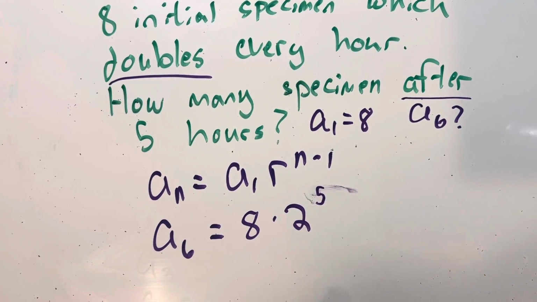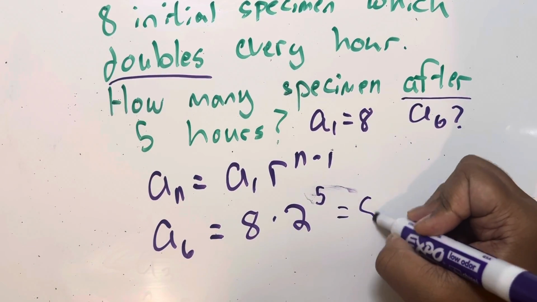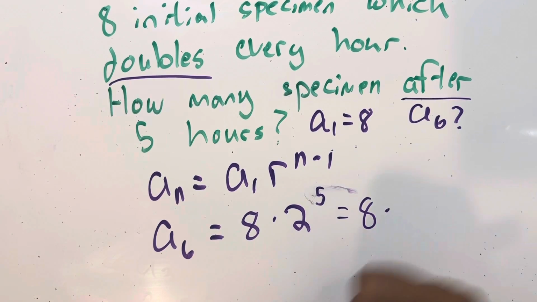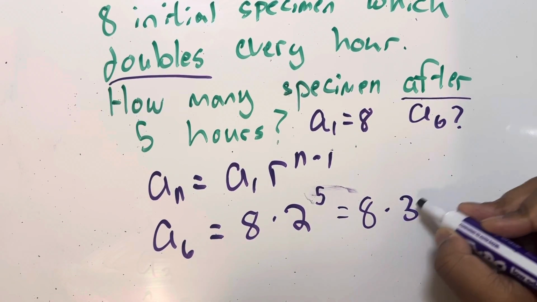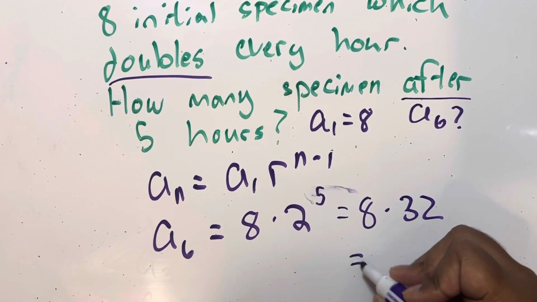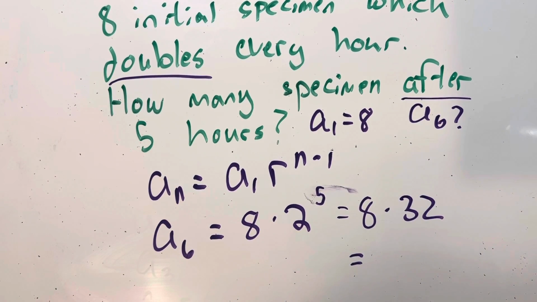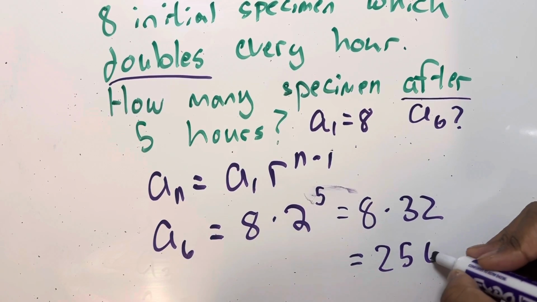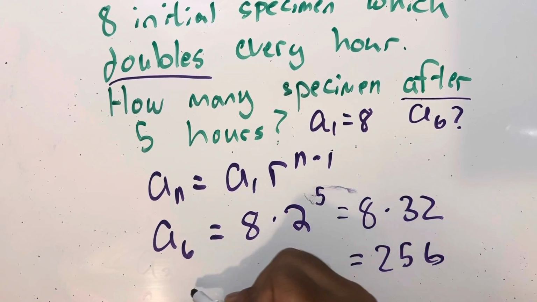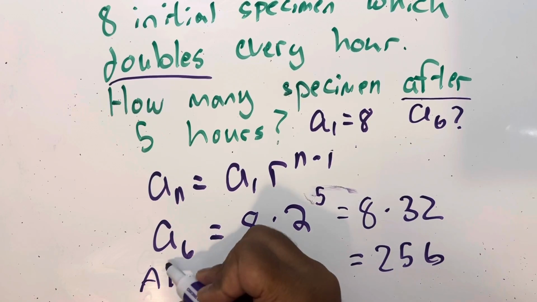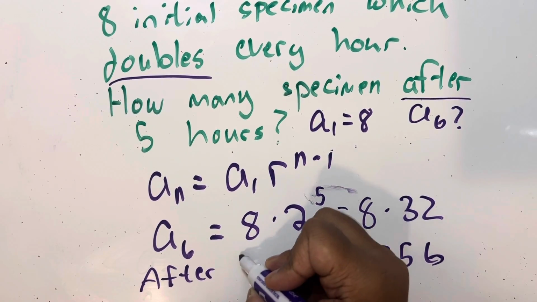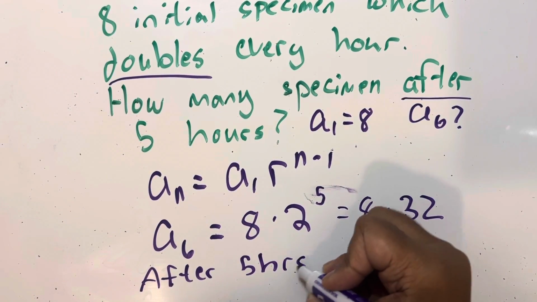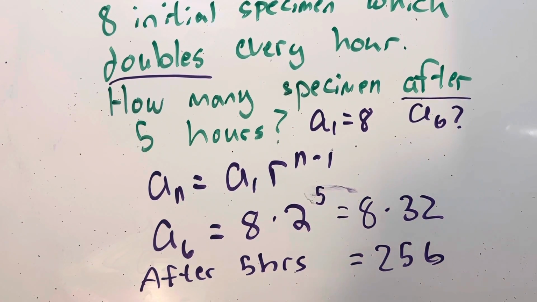So I'm going to get 8 times 2 to the 5, which is 32, which is 256. So after 5 hours, there's 256 bacteria specimen in the culture.